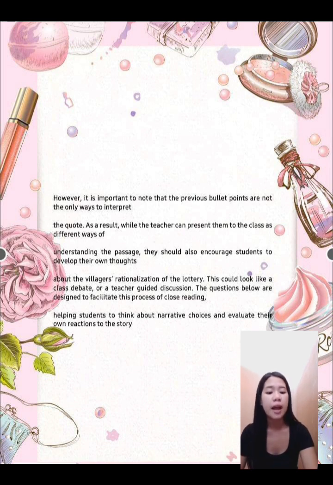This could look like a class debate or a teacher-guided discussion. The questions below are designed to facilitate the process of close reading, helping students to think about narrative choices and evaluate their own reaction to the story.